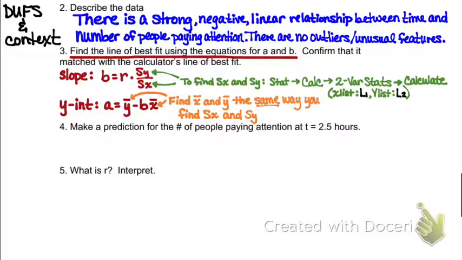I know we found the line of best fit, we found our regression equation. I want you guys to use these formulas now. These formulas will be given to you on the exam. You don't have to memorize those, but I want to make sure that you know how to use them and how to find these pieces of information on your calculator. So to find Sx and Sy, to find x bar and y bar, the mean of our x's, the mean of our y's, you're going to go to Stat and Calc.